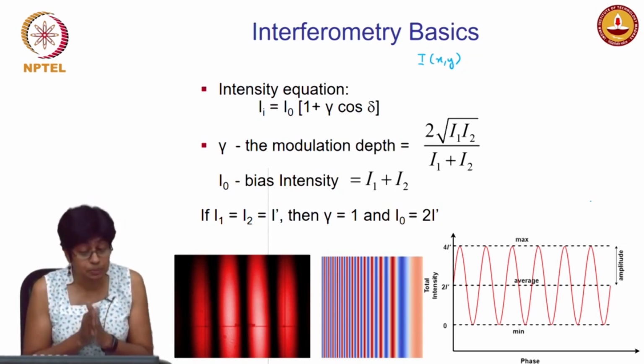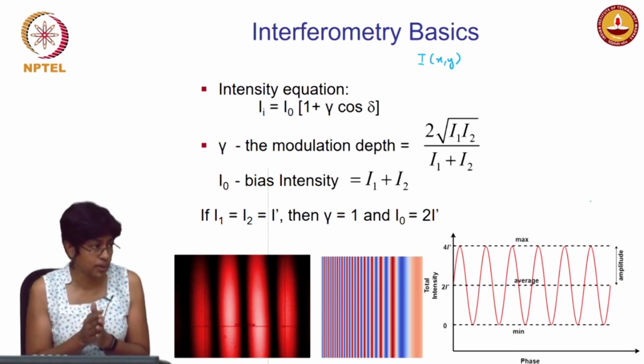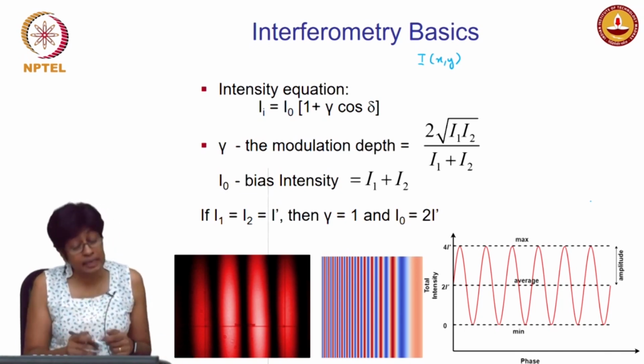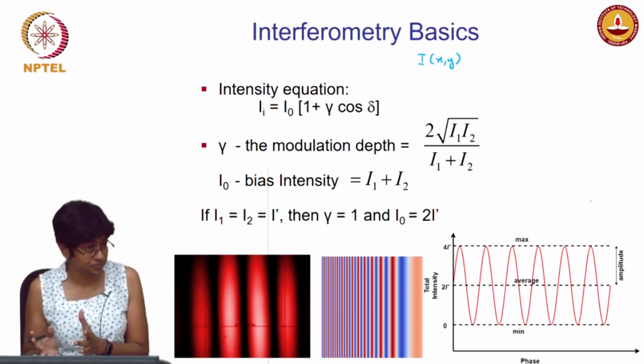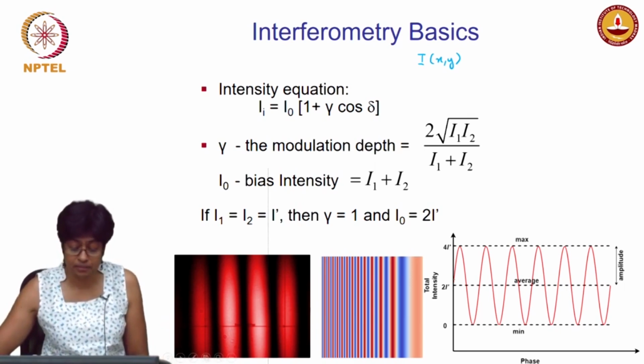Now, this expression here is telling me the highest value of modulation depth I can get is 1. And gamma is what multiplies the cosine term, so that is what is giving me my fringes. These are my fringes over here. This is an example of the fringes between two beams.